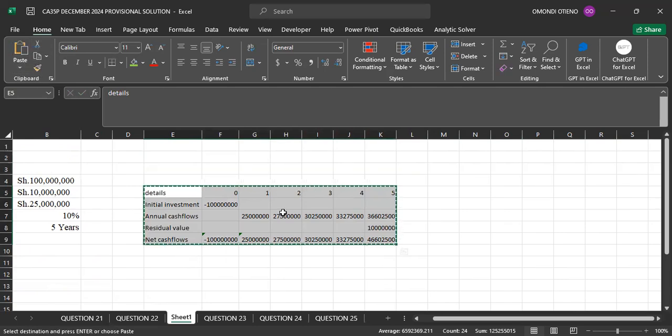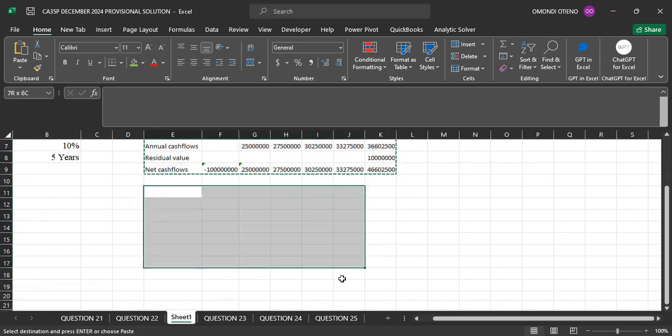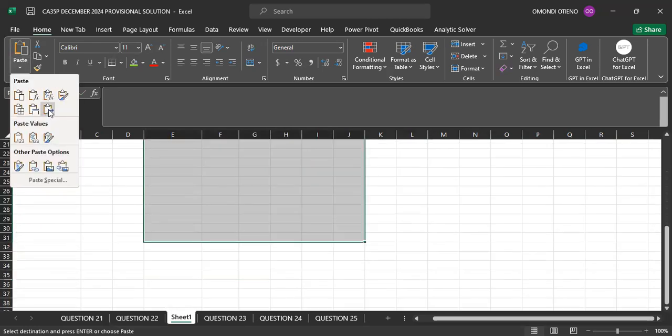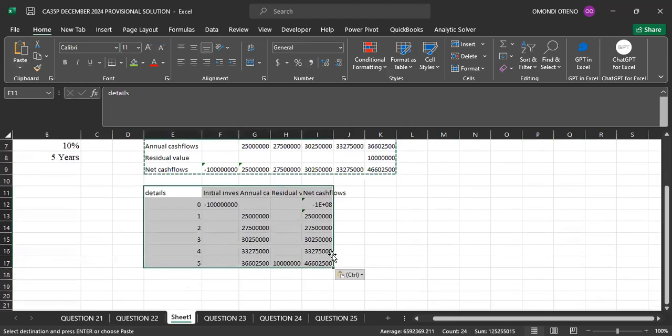Then I get to this part. I highlight where I want to place it, maybe such kind of space. Then I come to this section here and have the option of transpose. So by doing that, I have been able to transform it to vertical arrangement.